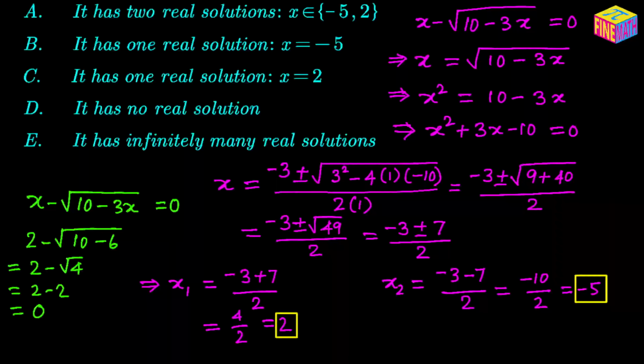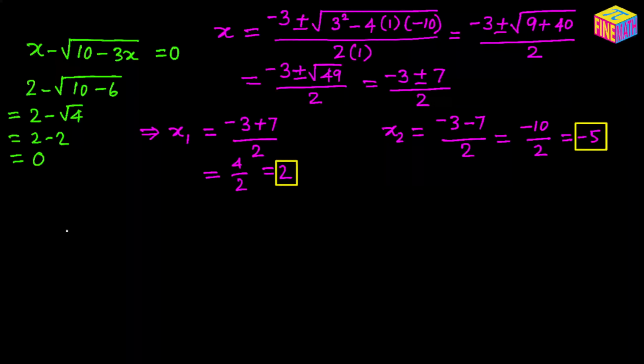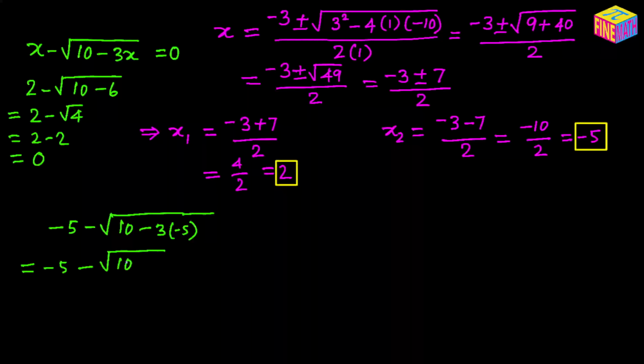Well, if we try the negative 5, then our left hand side will be negative 5 minus square root of 10 minus 3 times negative 5, and that will be equal to negative 5 minus square root of 10 plus 15, and that will be equal to negative 5 minus square root of 25, and this is equal to negative 5 minus 5, that is equal to negative 10.